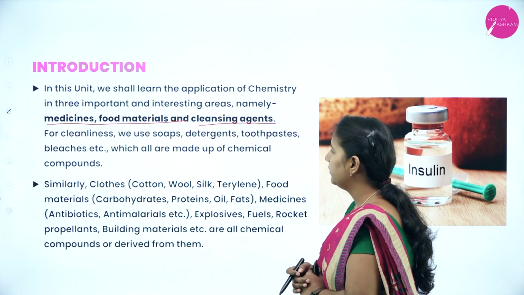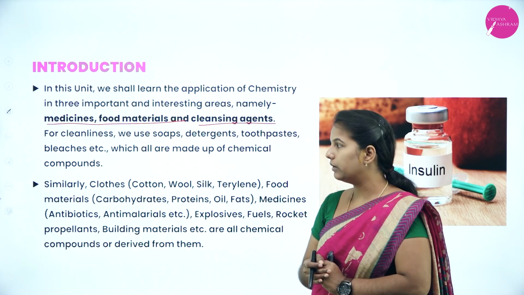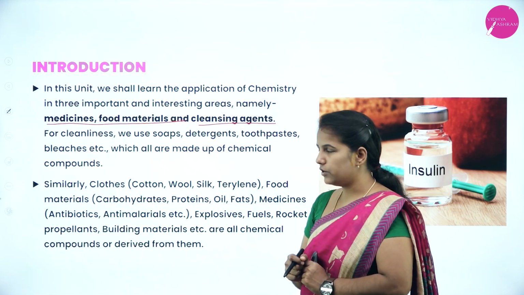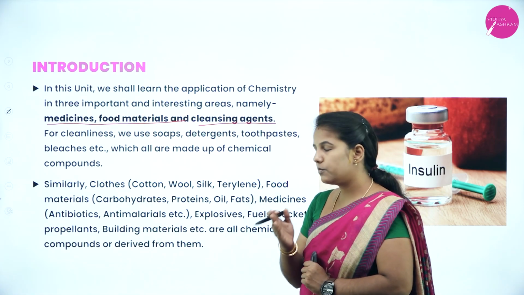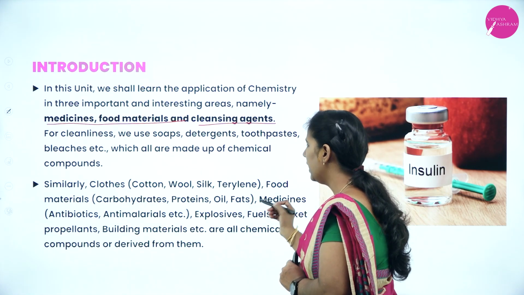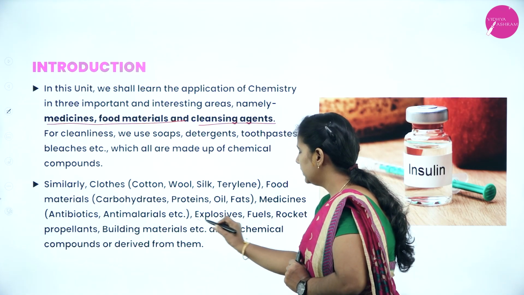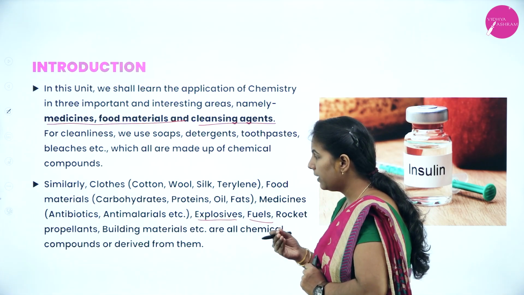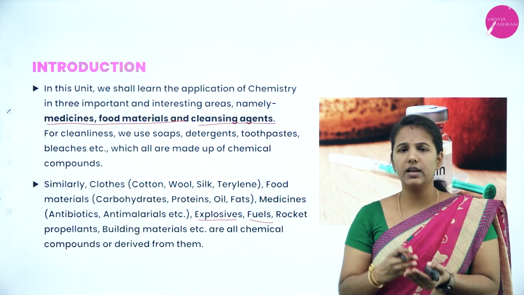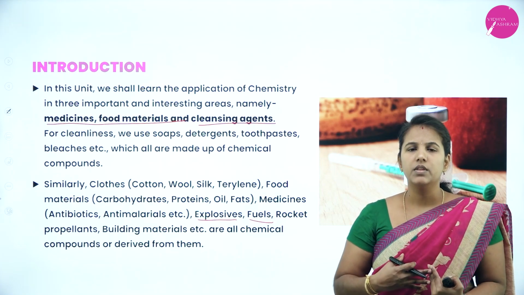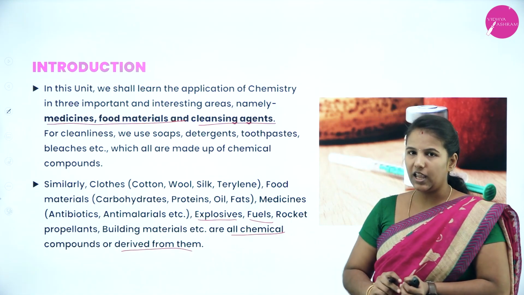For cleanliness, we use soaps and detergents, toothpaste, bleaches, which are all made up of chemical compounds. Similarly, the cloth which we use, that may be cotton, wool, silk or terylene, and food materials such as carbohydrates, proteins or lipids, fats, whatever it may be, and medicines, it may be antibiotics or antimalarials, whatever it may be, even the explosives, fuels, rocket propellants, building material, etc. So the things which you can consider anywhere in your surroundings, whatever it may be, the things which are mainly derived from them, it is nothing but your chemicals, okay.